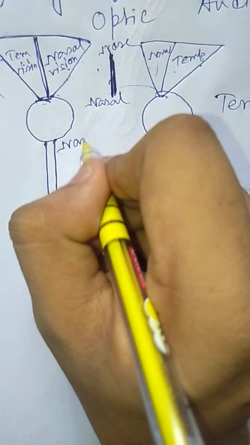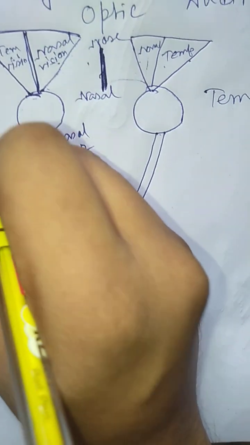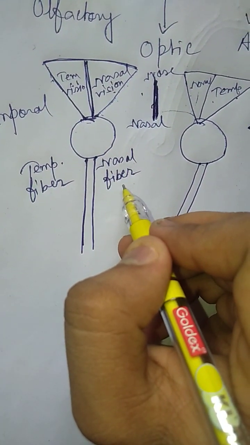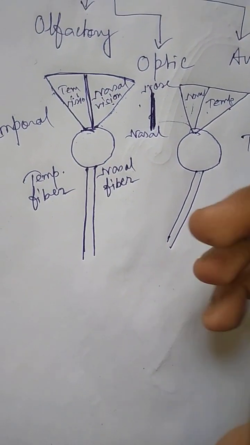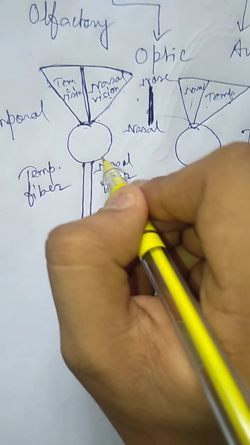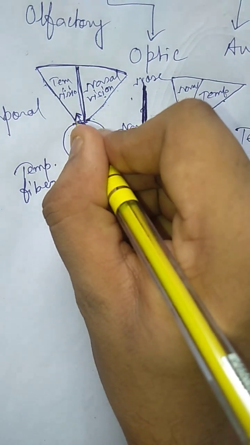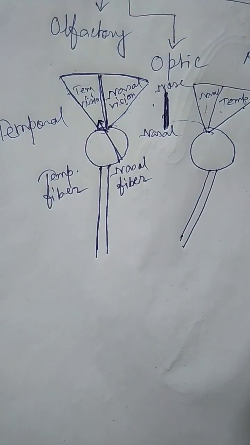This is the nasal fiber of the optic nerve and this is the temporal fiber of the optic nerve. Be careful. The nasal fiber of the optic nerve is responsible for seeing the temporal field of vision. This is the total field of vision.